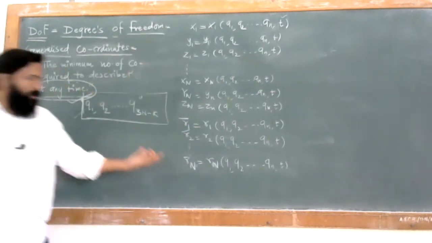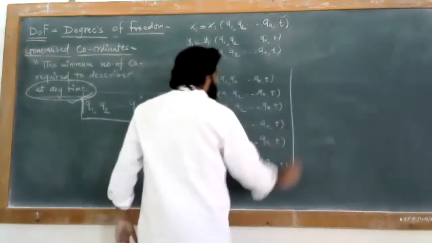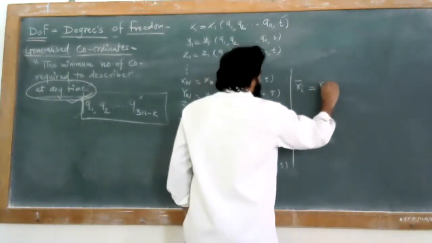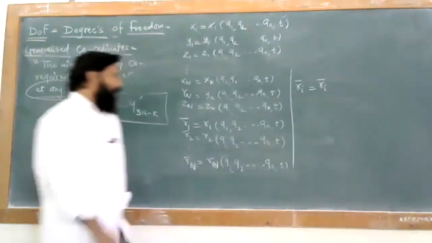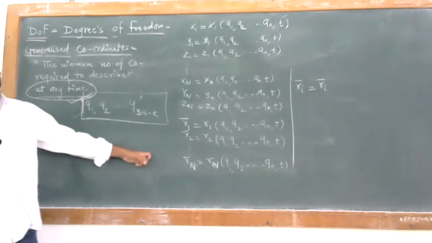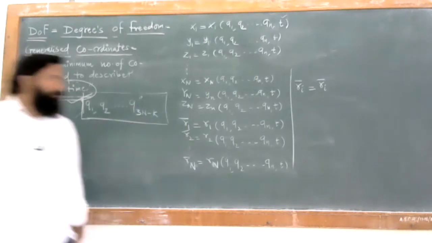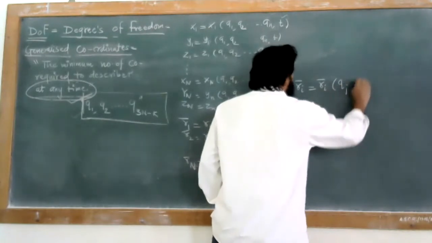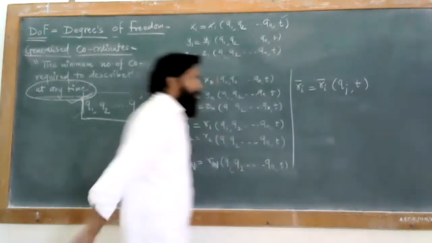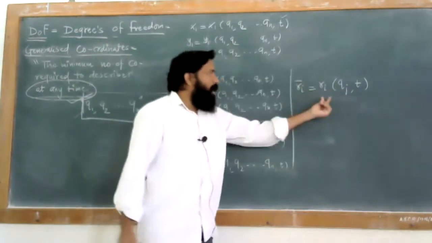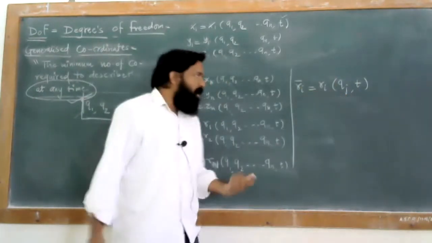So in general, this can be written as Ri is equal to Ri of qj, t. These i are the number of particles. What is i?